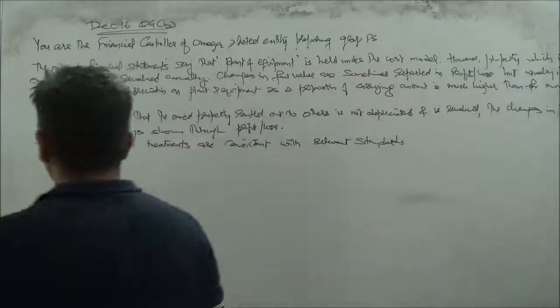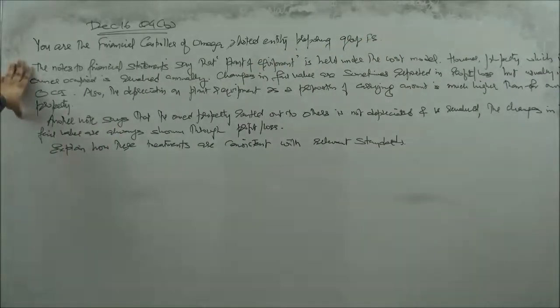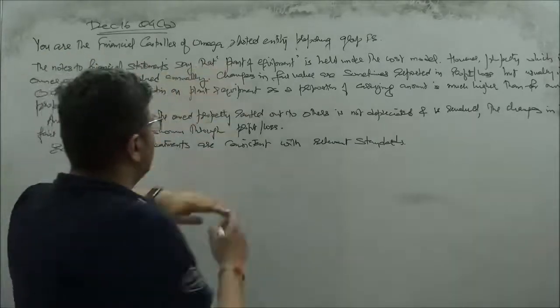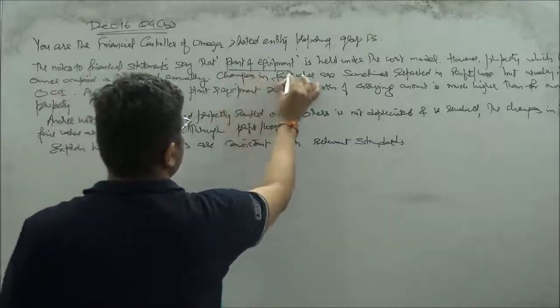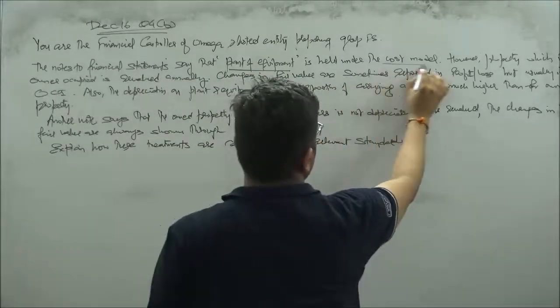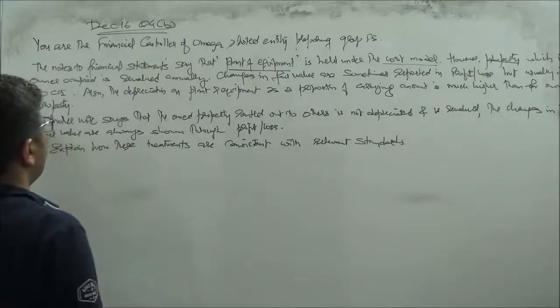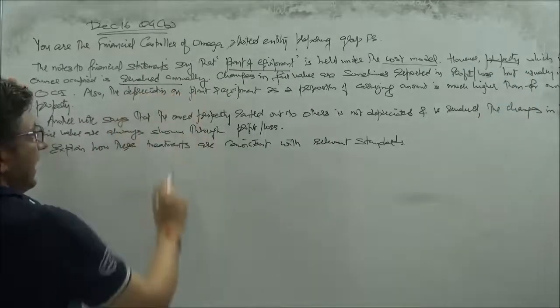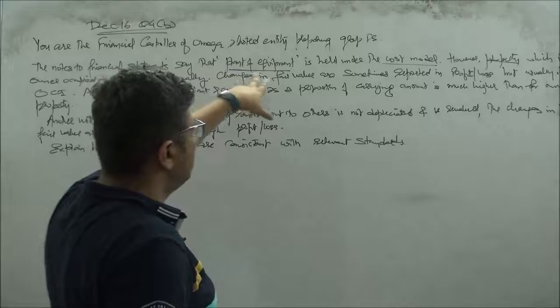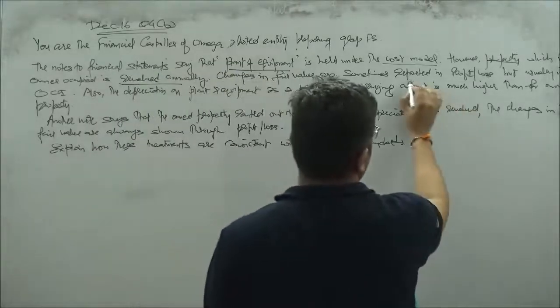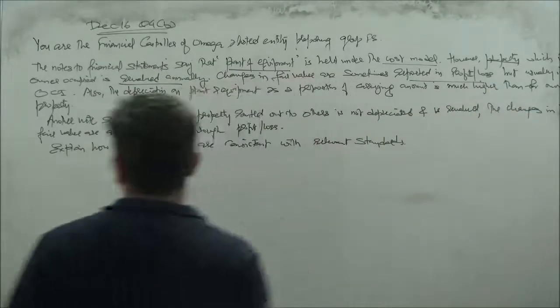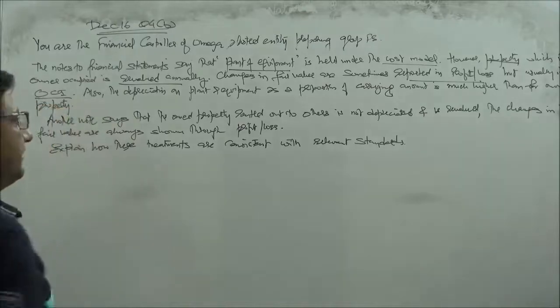The notes to financial statements say that plant and equipment, right? So let's underline that. Plant and equipment is held under the cost model. However, property which is owner occupied is revalued annually, and the changes in fair value are sometimes reported in profit or loss, but usually in other comprehensive income, right?